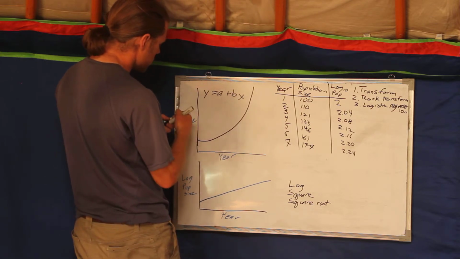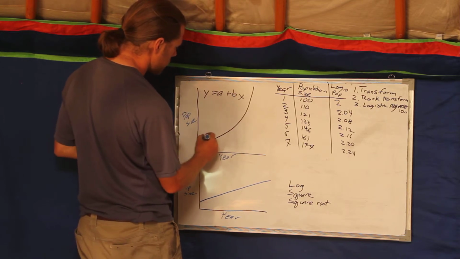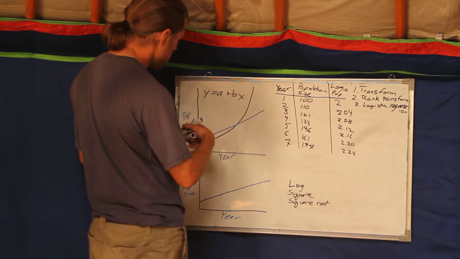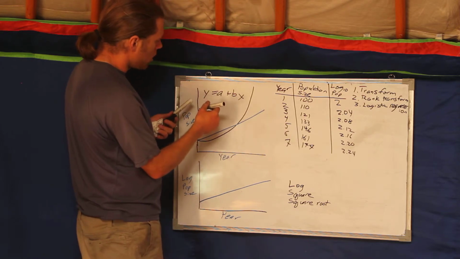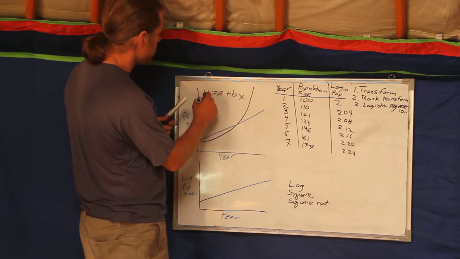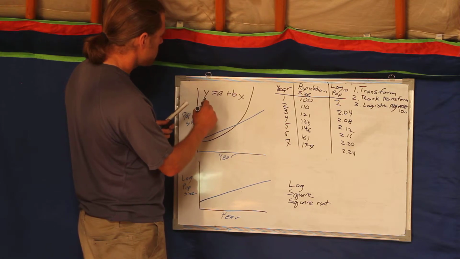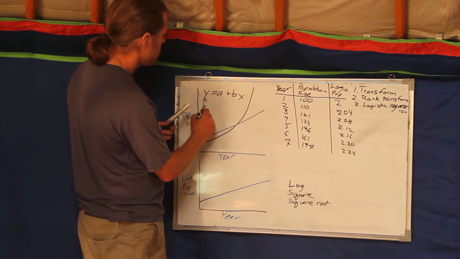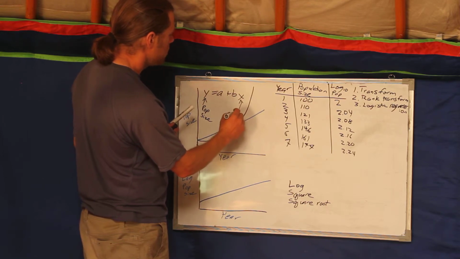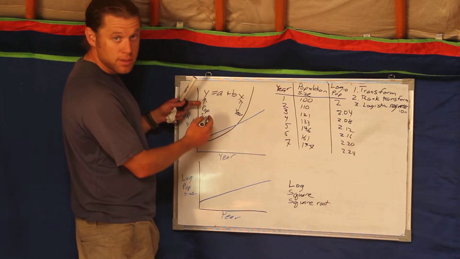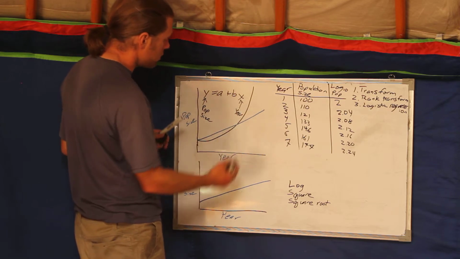It would look like this, not a good fit. Here you're saying this is population size and this is year. X is year, so you're predicting the population size based on the year.